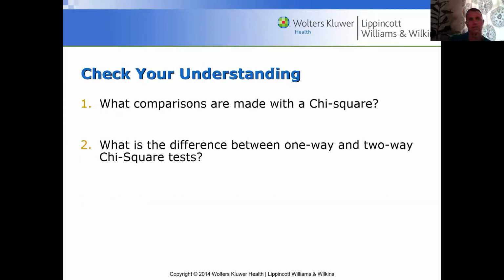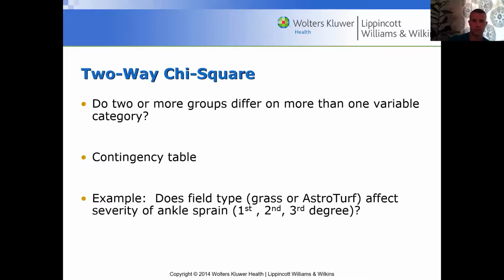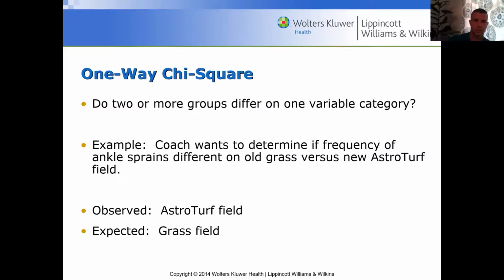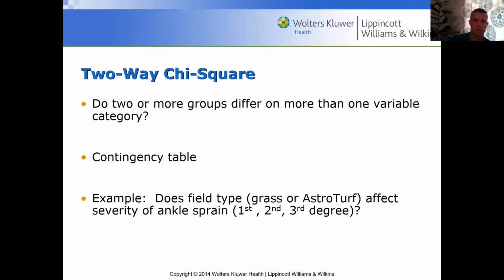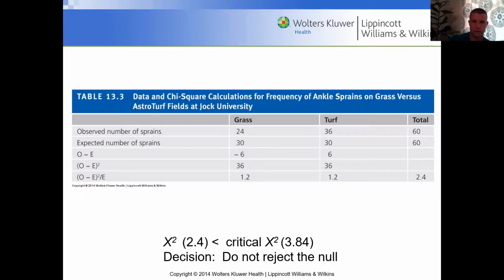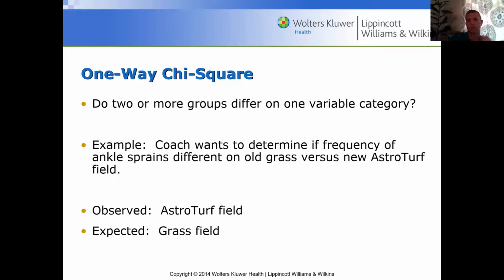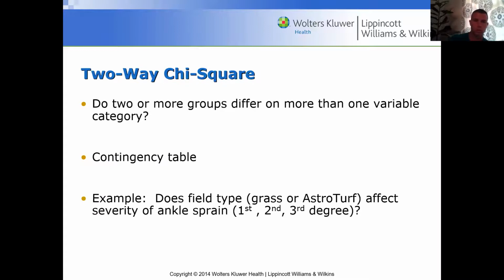If you're deciding between a one-way chi-square and two-way, it's contingent on whether two or more groups differ on one variable category, or on more than one variable category. So again, we had grass or AstroTurf with just the ankle sprains. Now we've got grass or AstroTurf with first, second, and third degree ankle sprains.